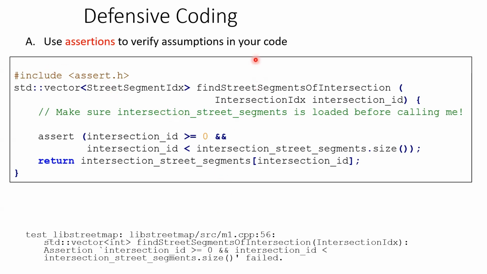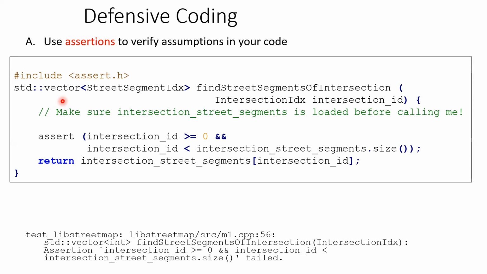So if you have this function, and this function is passing an intersection index. The first thing is to include assert.h from the C library, and you want to make sure that first, your intersection ID is valid.